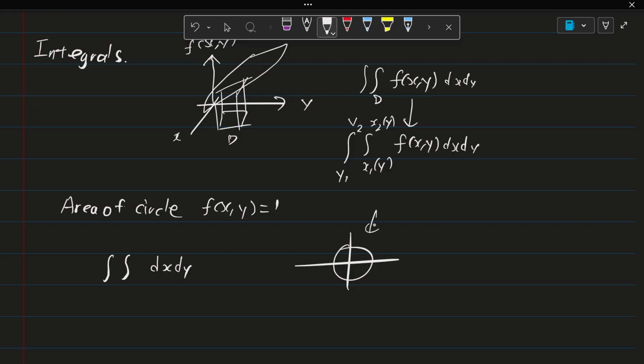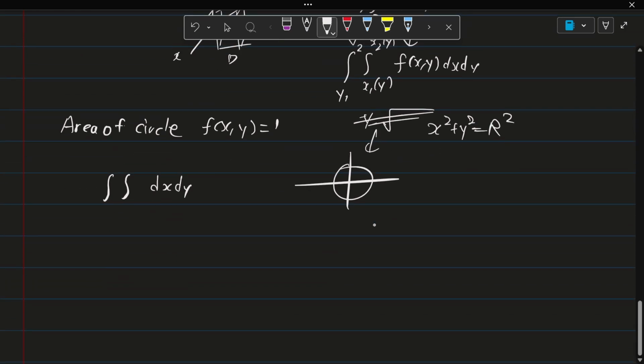If we have this circle, x squared plus y squared equals r squared, how do we figure out what's the area? We could just sum up the y. We will take this and then sum this guy, and so forth. This will be from negative r to r. That's what we will put on the limits.